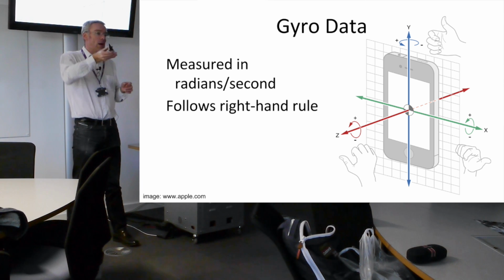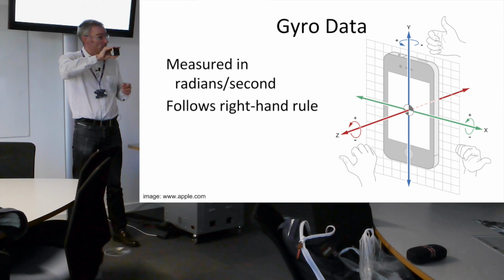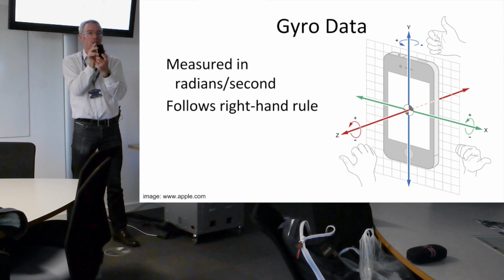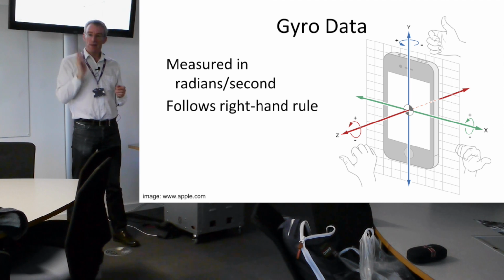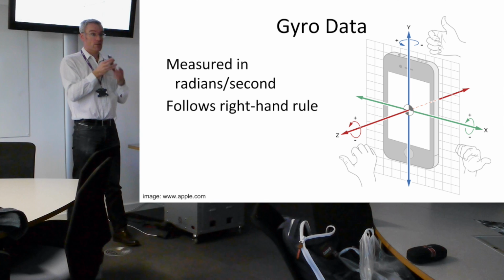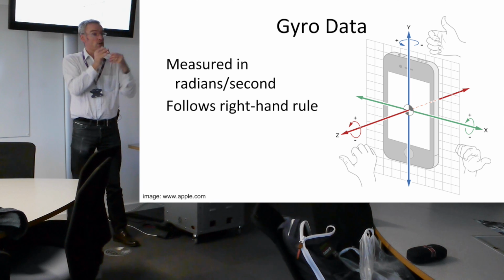In theory, if you know how long it's been rotating and how fast it's rotating, you can work out angles. But again, that's why we get this horrible inaccuracy. So, radians per second is the unit, and it's measuring rotation in 3 different axes.